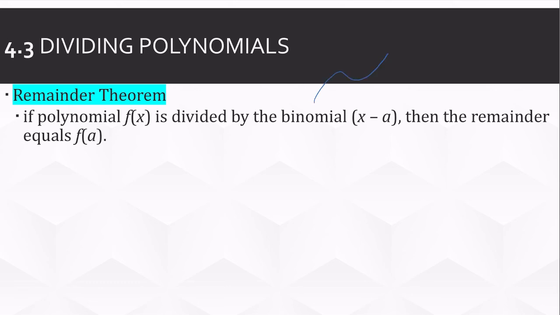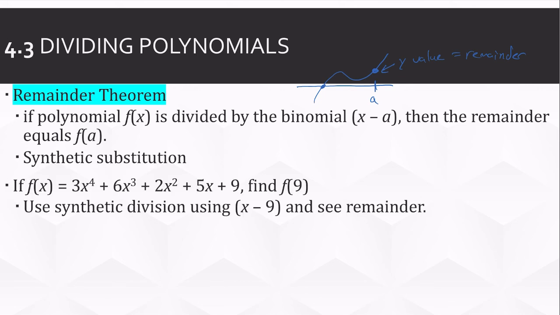If I have some function, and this is a, then this y value equals the remainder when you divide by x minus a. That also would indicate that if the remainder is 0, then it's an x-intercept. But this also means we can do synthetic substitution.